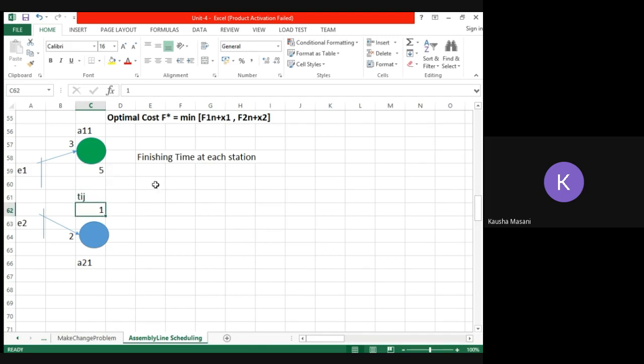So, what is the formula for the finishing time at station A11? It is given by E1 plus A of 11. When I say station 11, that means line 1, station 1.